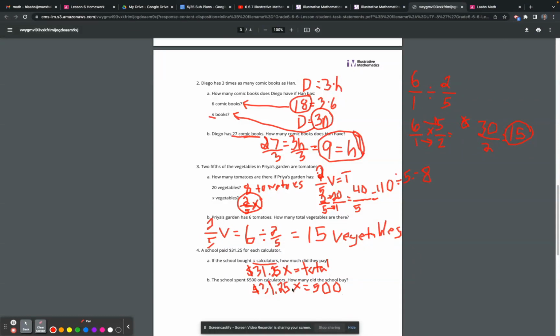So this X represents how many calculators they bought. Right now it's being multiplied by the cost per calculator. So I'm going to divide that by 31.25, which means I'm doing 500 divided by 31.25.